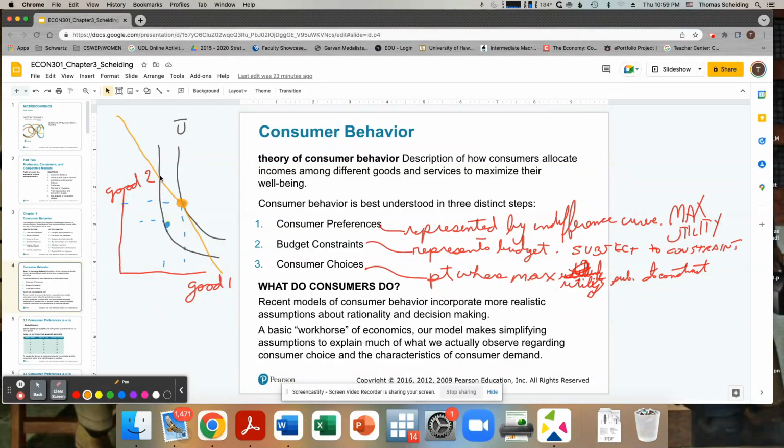Because you can see there is that point there. There's even that point there. But the problem with those two points is they're on a lower indifference curve. This one's on a higher one. And so this picture right here is what we're going to be looking at in this chapter. Now, I know I went over that very quickly, but it gives you an idea of what to expect as we go through the rest of these slides.